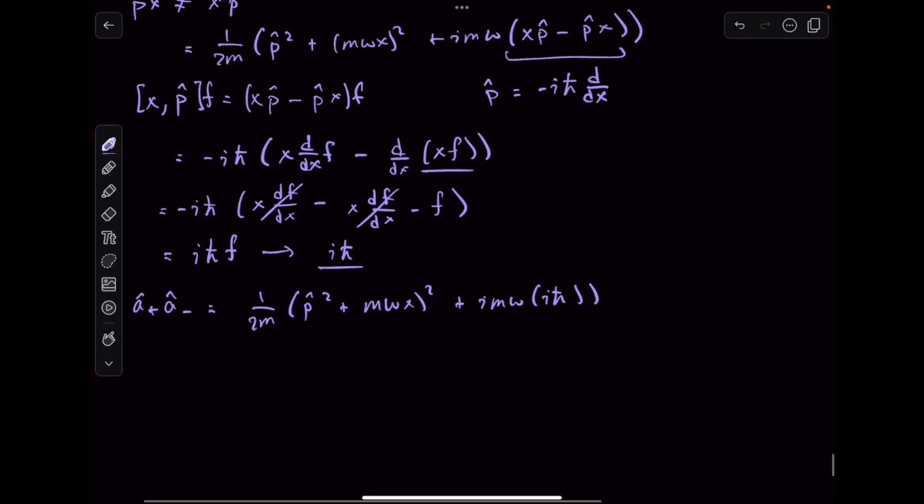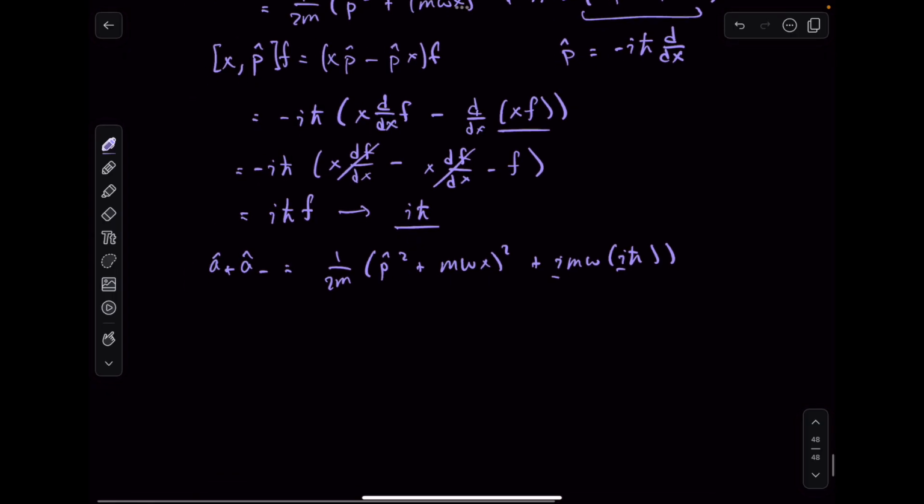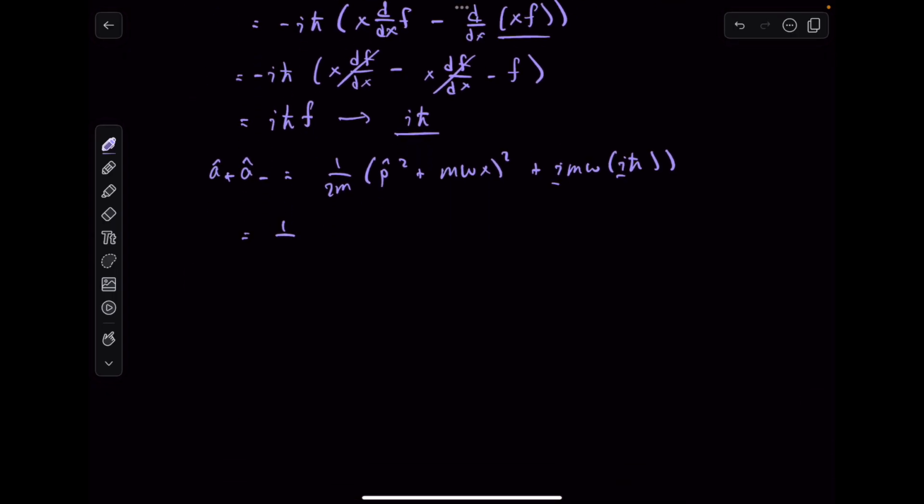So when this i hits this one, we're going to get -1. And then I'm just going to pull this out of the parentheses here. I'll pull that extra term out so that we can separate what was our initial Hamiltonian from the rest. And we have negative h bar omega over 2.